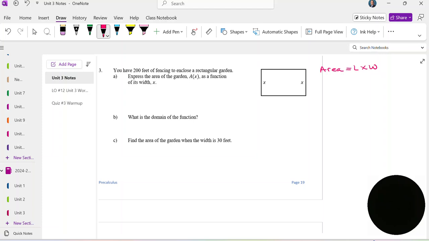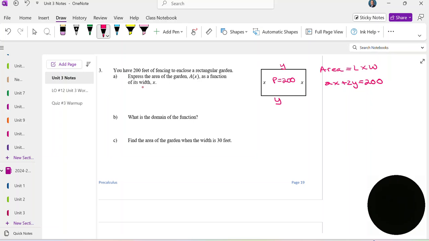So you have 200 feet. This is the perimeter. The perimeter is 200. And let's say that we call this y, just for the heck of it, the length. So we know that 2x plus 2y is equal to 200.